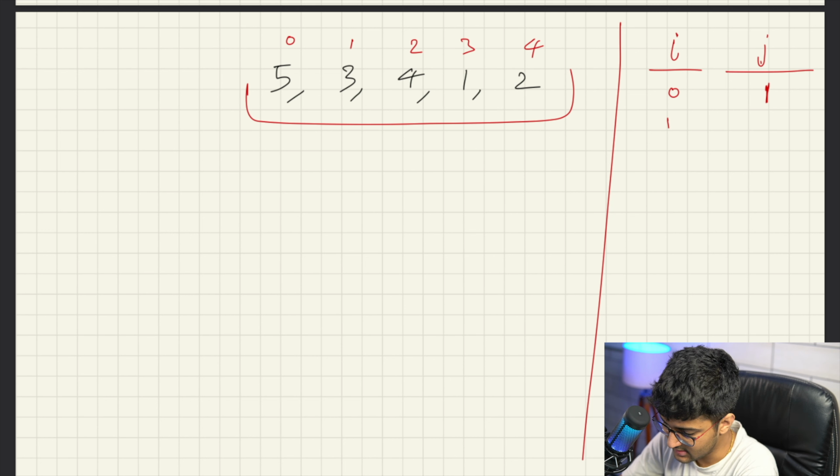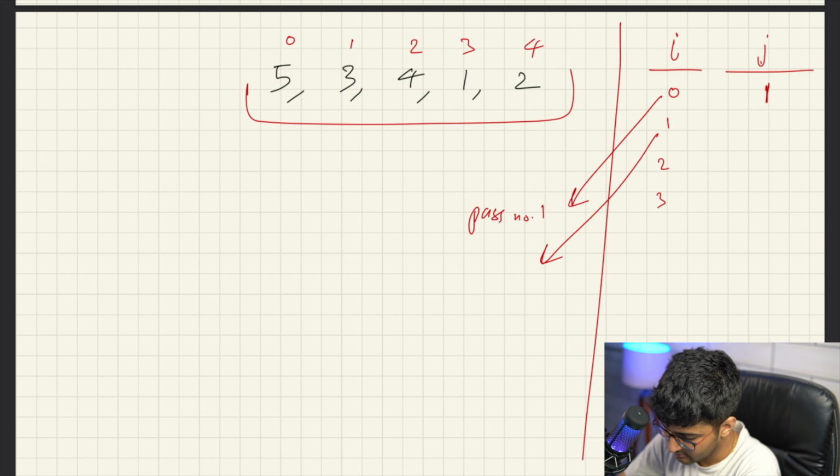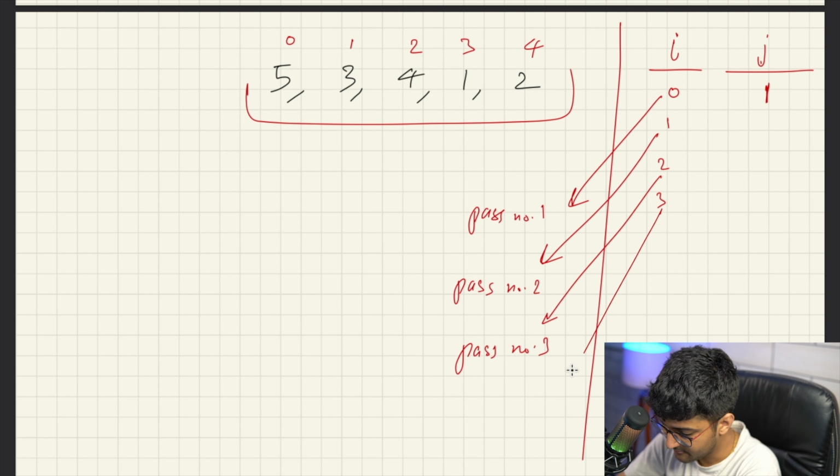So if I write this as pass number 1, pass number 2, pass number 3, pass number 4.